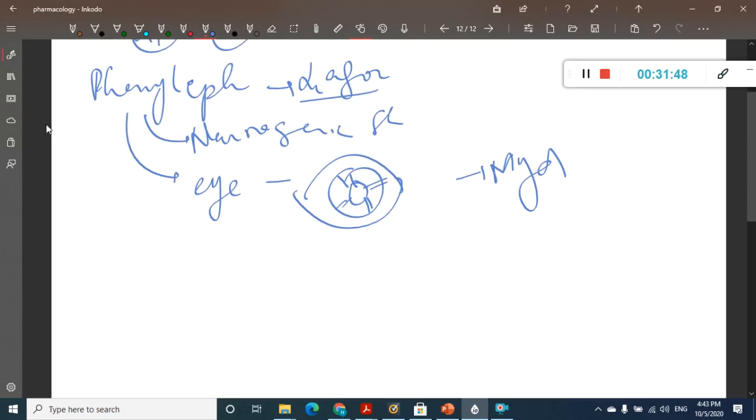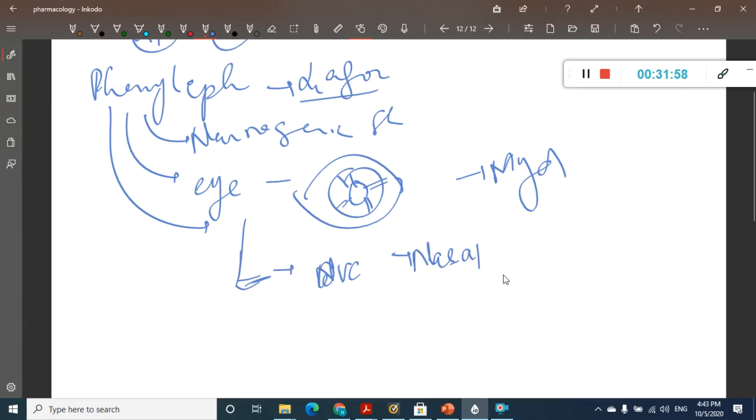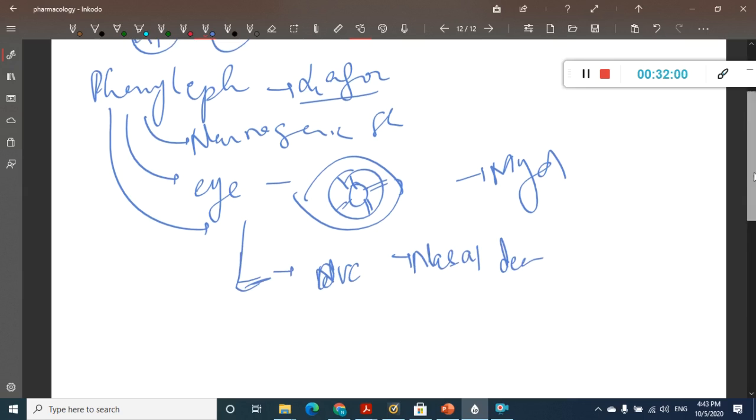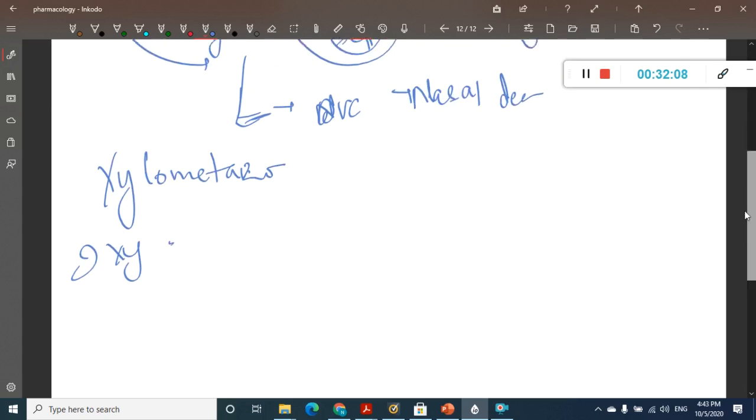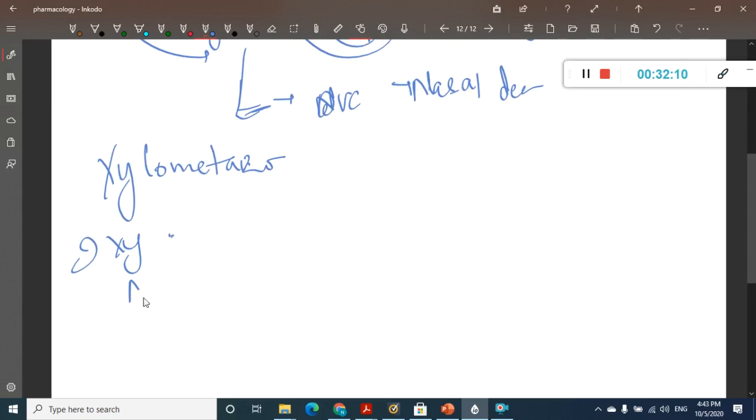Okay, and not only in the eye, in the nose also, phenylephrine causes vasoconstriction and is used as a nasal decongestant. Okay, that is phenylephrine. Then we have some more drugs like xylometazoline, oxymetazoline, and nafazoline.